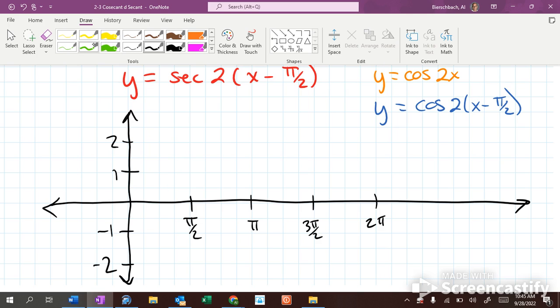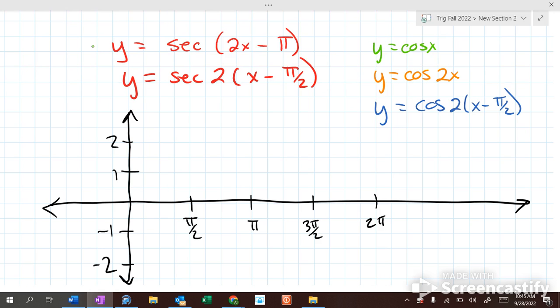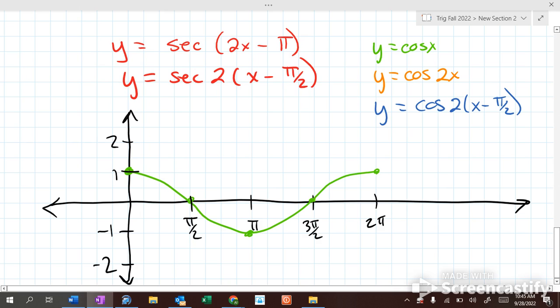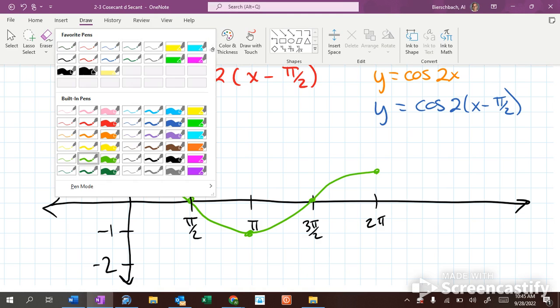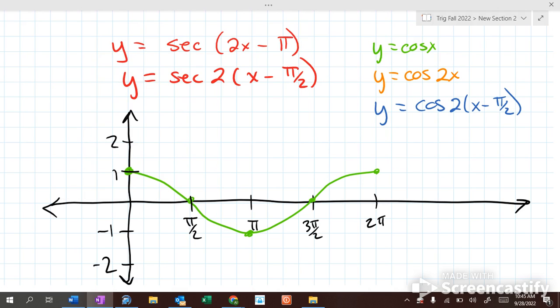So I'm going to first graph y equals cosine of x. 1, 0, negative 1, 0, 1. Then I'm going to go to orange. Cosine of 2x makes everything twice as skinny. So I'm going to start in there.